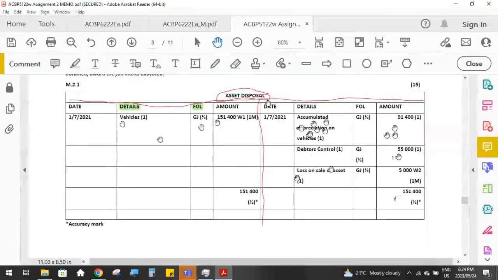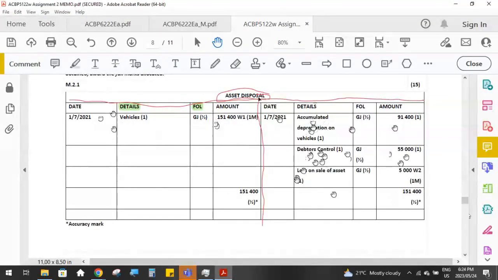So we're selling the vehicle for 55,000 Rand. So credit asset disposal 55,000 Rand, and we will debit debtors control with an account for G Gundolf to show that G Gundolf still owes us that 55,000. If they had paid cash for the vehicle, this account here would be bank. We would have debited bank when we put the 55,000 Rand into the bank and credited asset disposal.